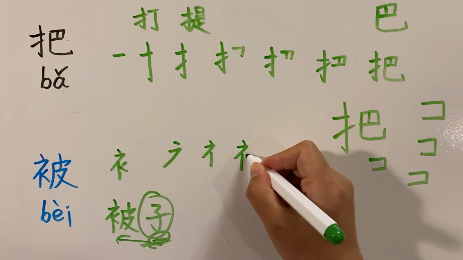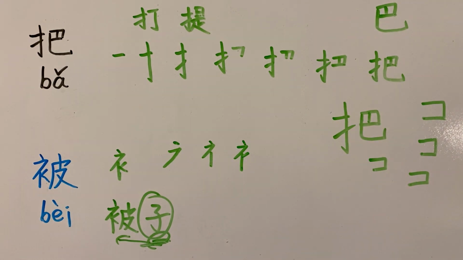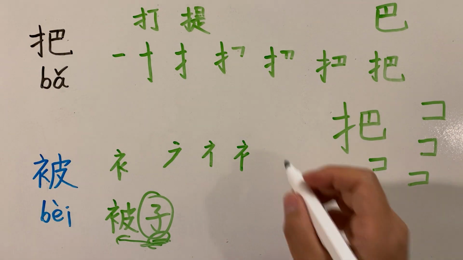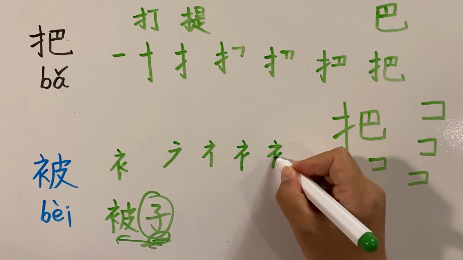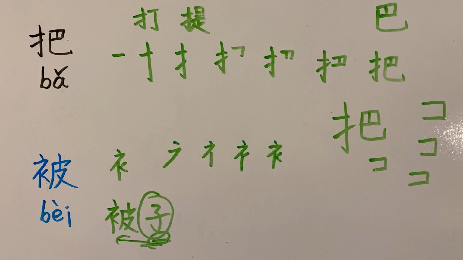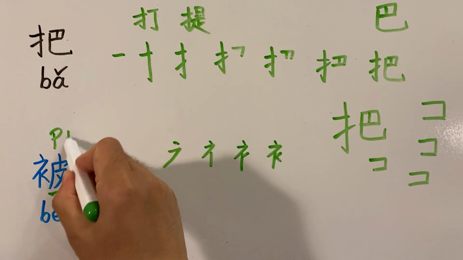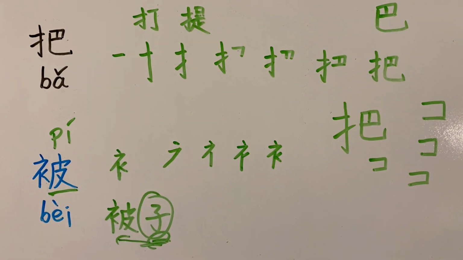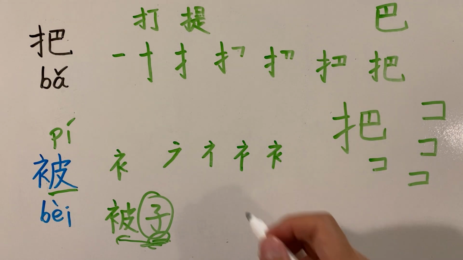Next, a spot. Next. This is how to write the left part. The right part of 被 is called 皮. 皮 means the skin or the surface. It is written like this.